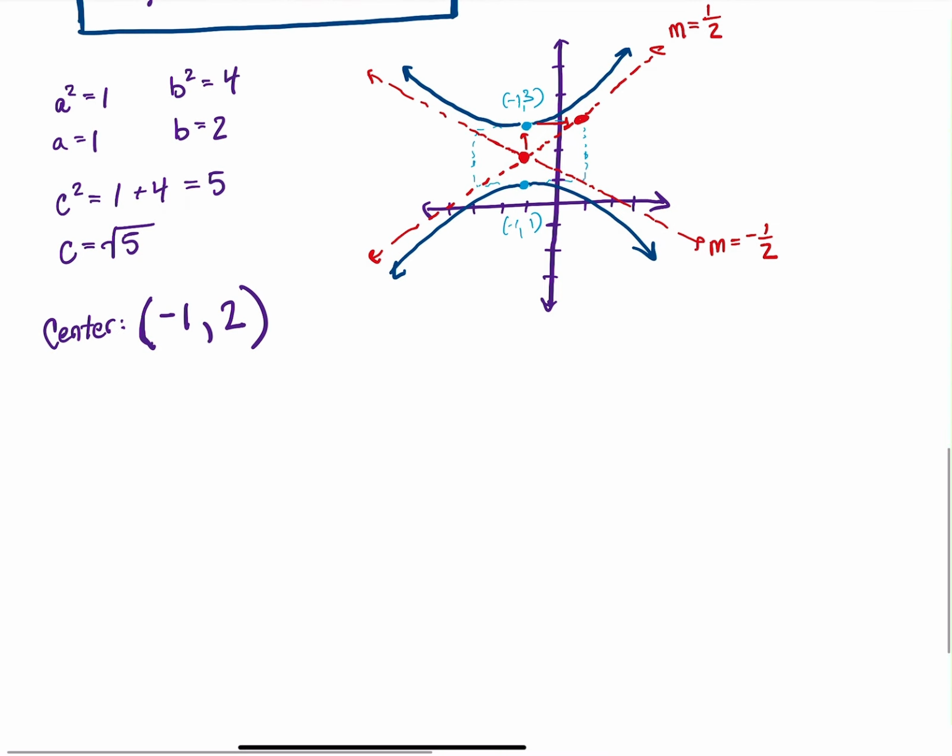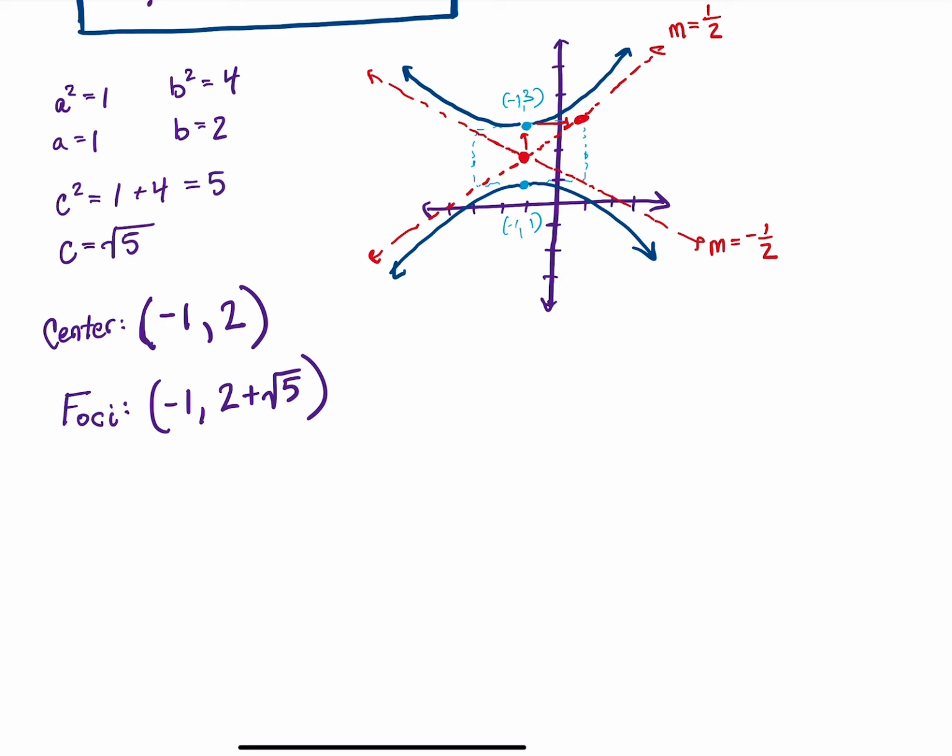So let's list out our other attributes. Our focus points will be a distance of the square root of 5 above and below our center point. So the square root of 5 will be added or subtracted to the y value of our center point. So that means we should have negative 1, 2 plus the square root of 5.